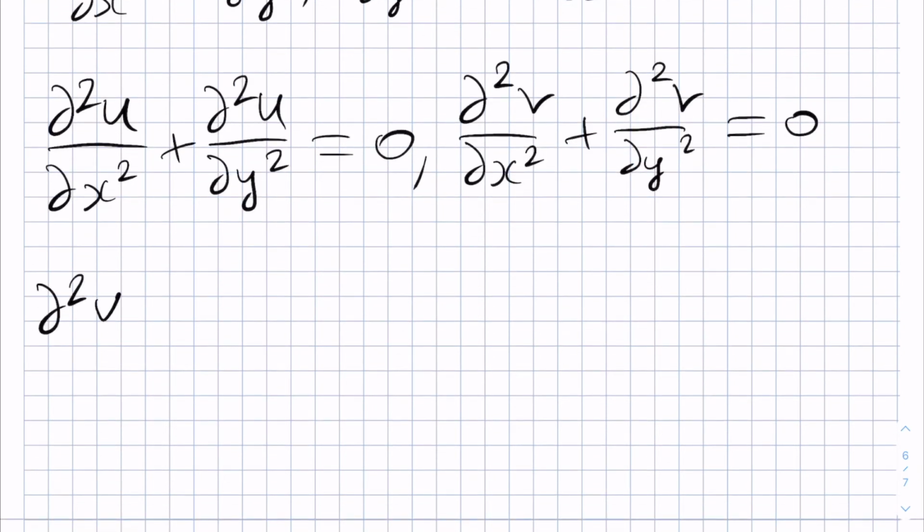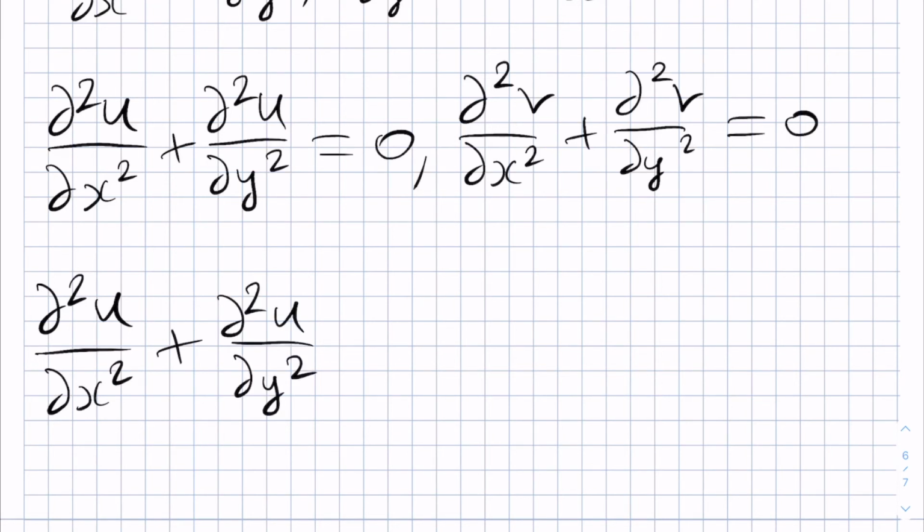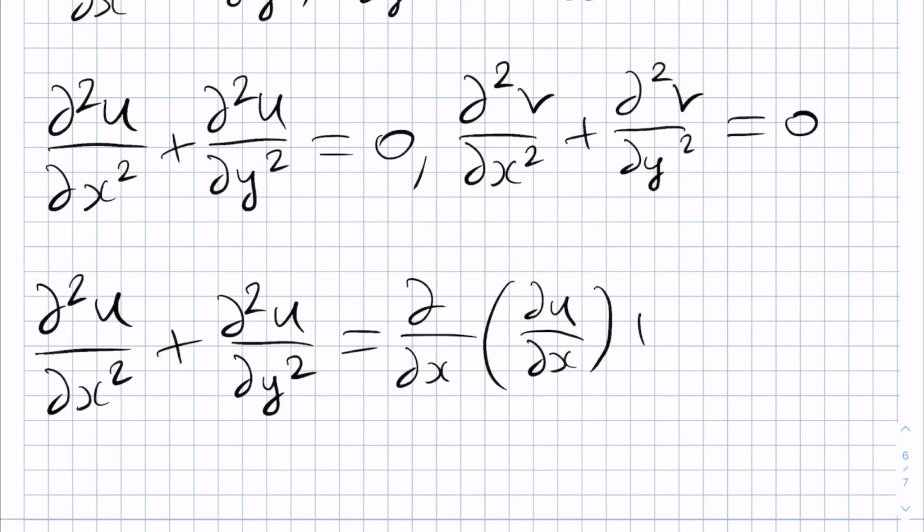So d squared u/dx squared plus d squared u/dy squared is equal to d/dx of du/dx plus d/dy of du/dy. This is what it means to differentiate a function twice with respect to one variable.